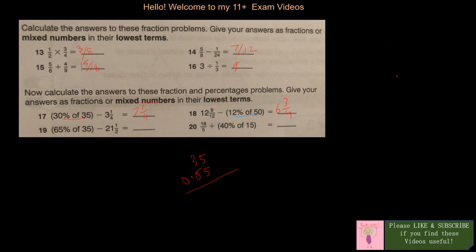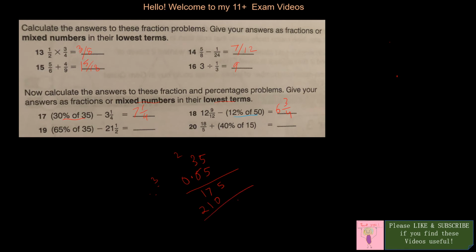So what are we going to get? 5 times 5 is 25. 5 times 3 is 15 and 2 is 17. 5 times 6 is 30, 6 times 3 is 18, 21.